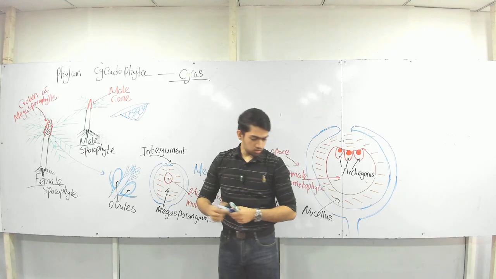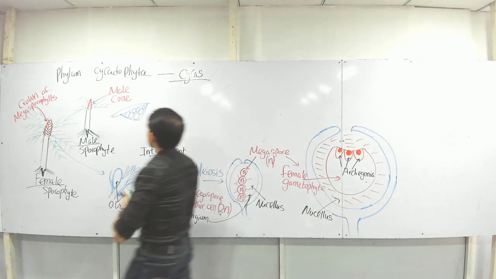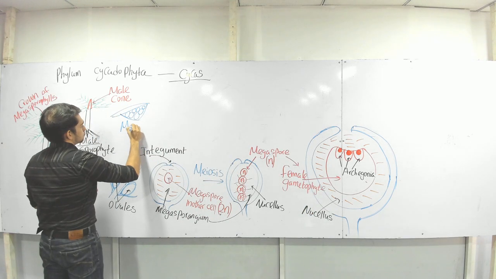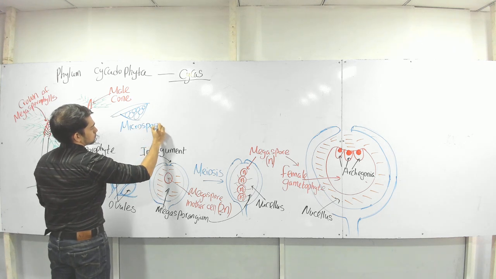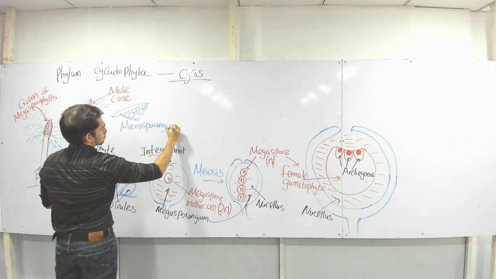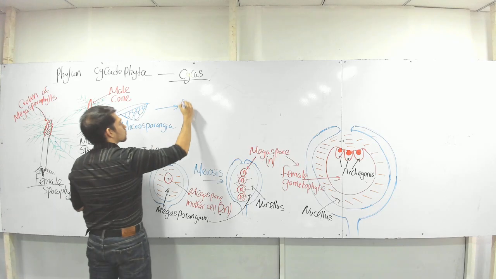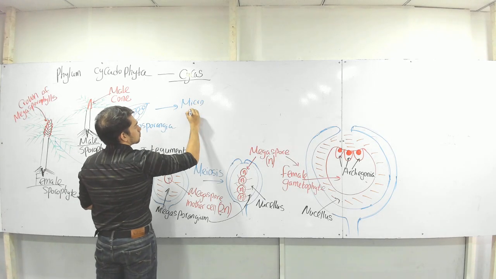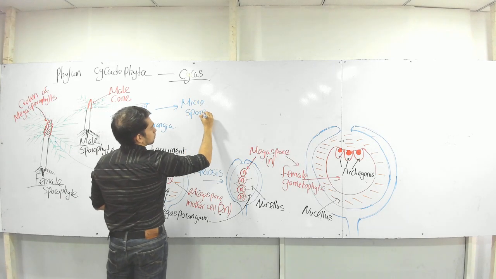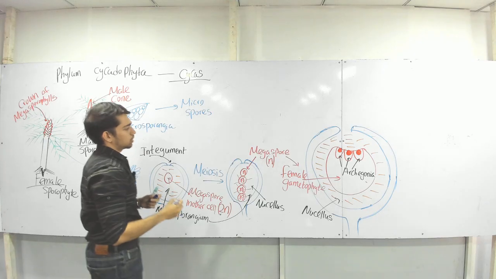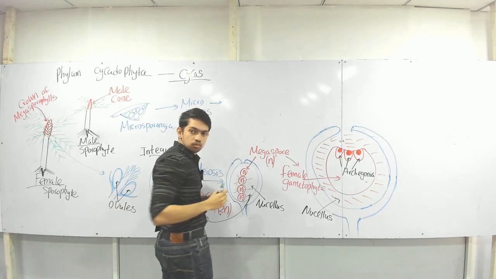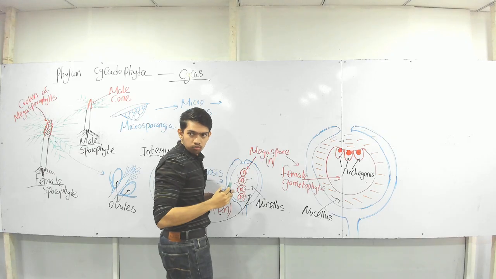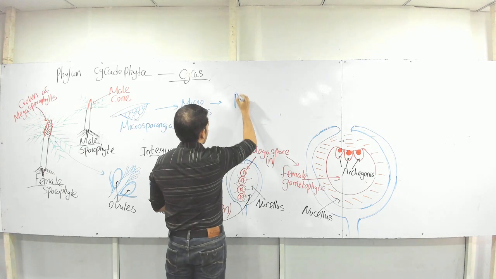So these microsporangia are going to produce microspores. The microspore is going to be enclosed by a pollen wall to produce pollen.